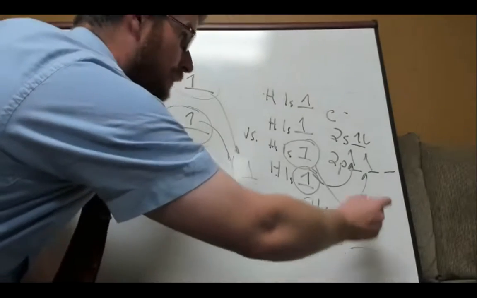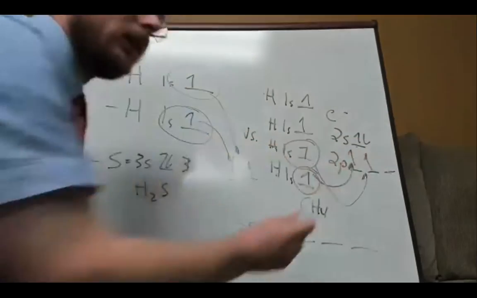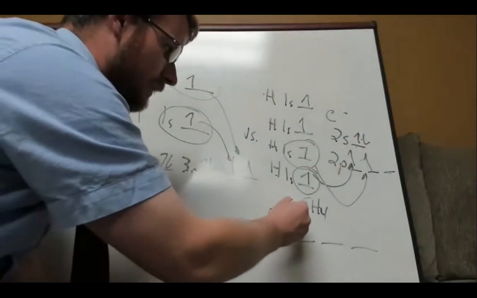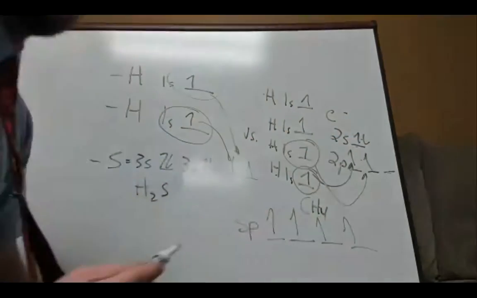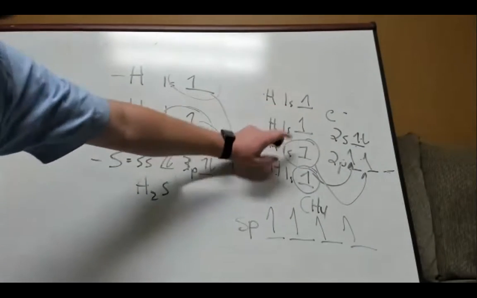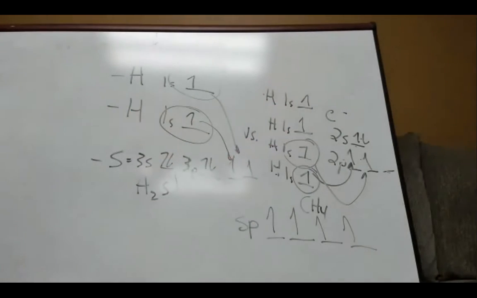We would have 4 of them: 1, 2, 3, 4. And there would be 4 electrons in there, because we just took these 2 and these 2 and spread them out in this new thing that we made. Now we have a place for all 4 hydrogens to go. What we're going to see is that's actually more than likely the way that bonding works.